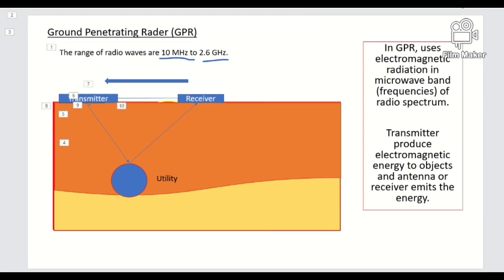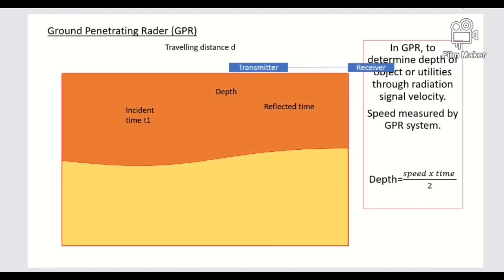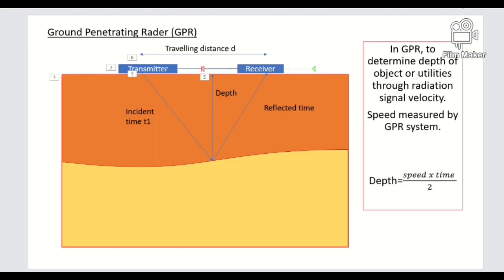So here we will see how the GPR determines the depth. When the transmitter creates a wave and it reflects from any layer, an incident wave is created and it reflects from this point, and refraction can also happen.